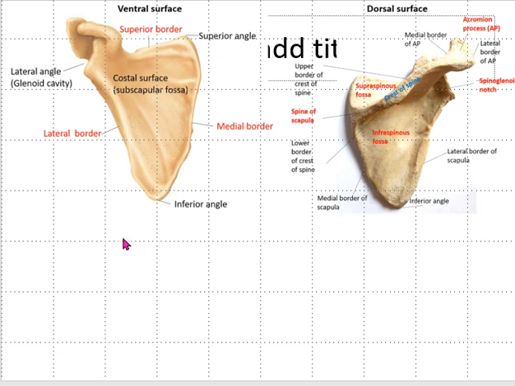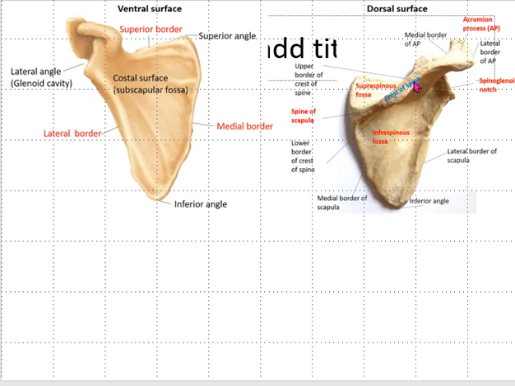It has three processes: spinous process, acromion process, and coracoid process. The spinous process is present on the dorsal aspect of the body of the scapula and is triangular in shape. Its anterior border is attached to the body of the scapula, and the posterior border is known as the crest of the spine.